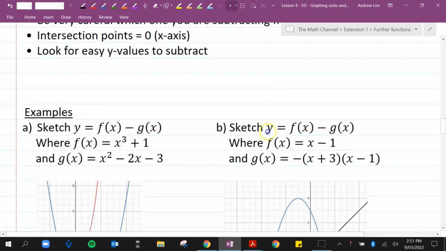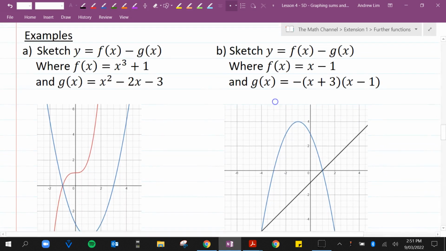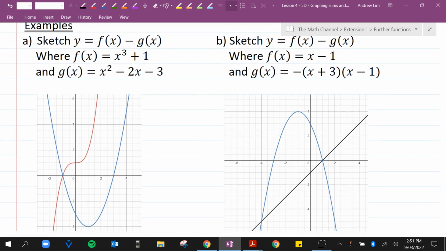So let's look at some examples here. Sketch y equals f of x minus g of x. Now here we've got x cubed plus 1, which is the red one. That's f of x. I'm going to minus g of x. So it's always red minus blue. Okay, red minus blue.